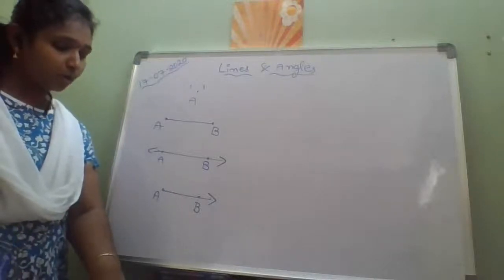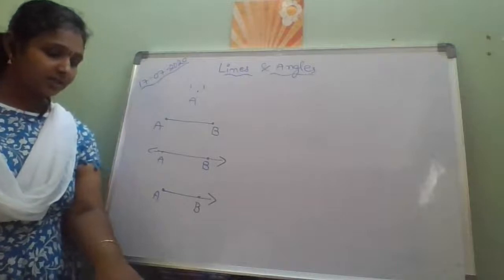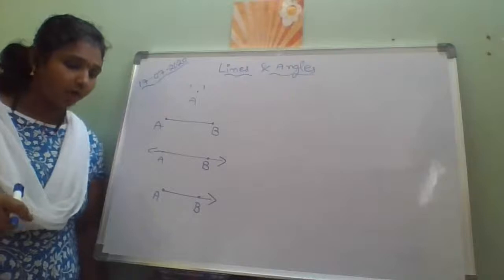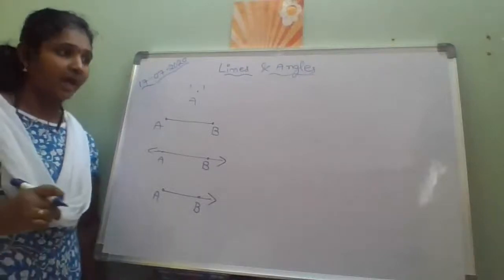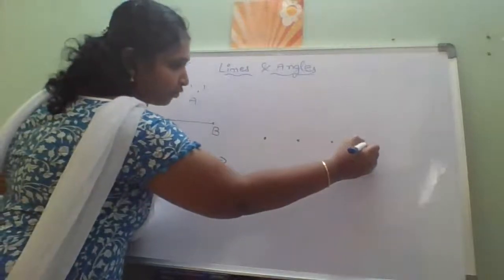So, what are collinear points? Collinear points means three or more points lie on the same line. See, for example, points 1, 2, 3, 4.